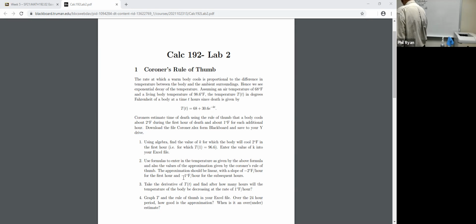Remember, k was ln of 30.6 divided by 28.6. Get rid of the e by taking the ln again, so we get ln of 30.6k equals kt. And then finally we can divide by k, which is ln of 30.6 divided by 28.6.